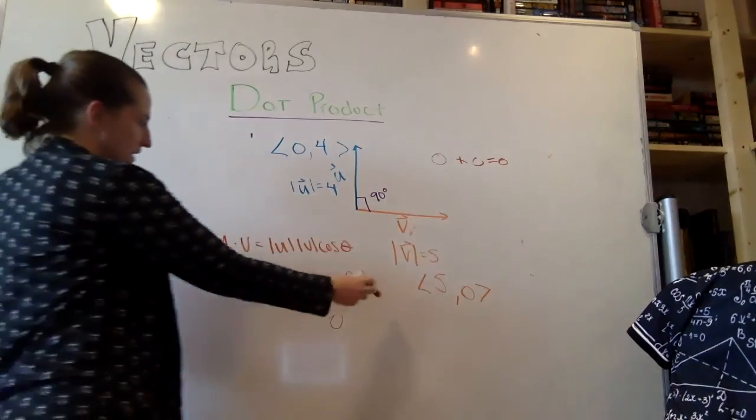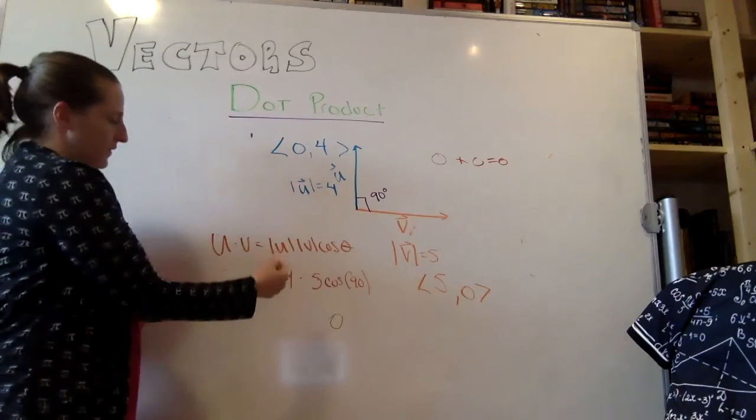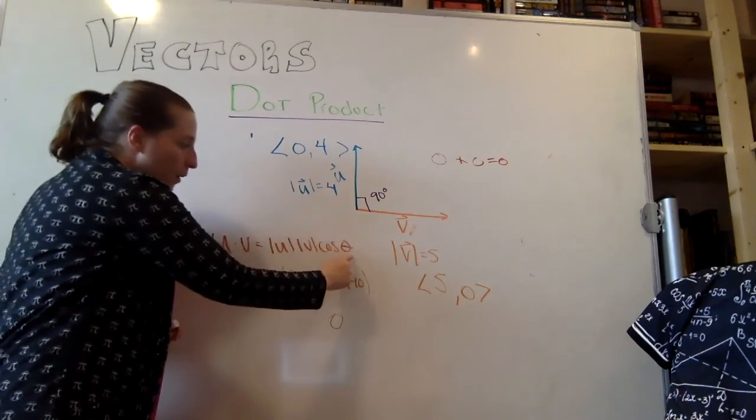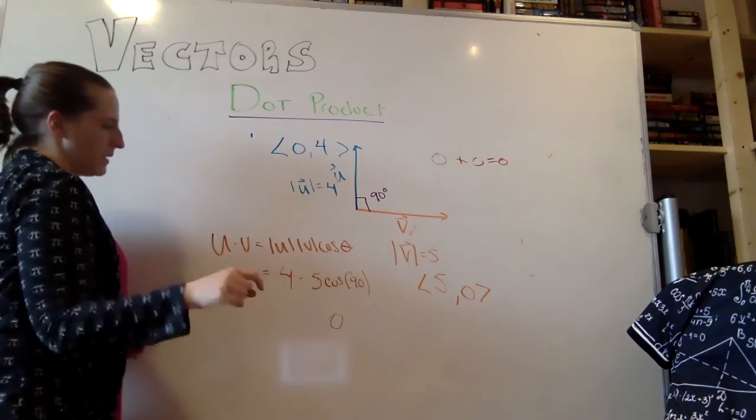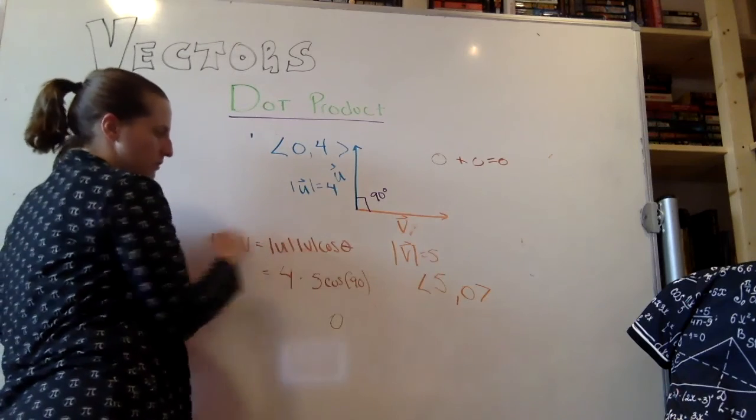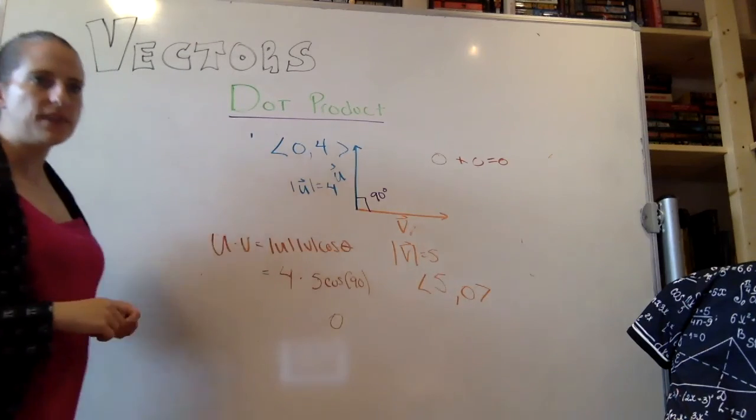The other interpretation says if you know the magnitude of both vectors and the angle between them, then the dot product can be thought of as the magnitudes of the vectors multiplied together times the cosine of the angle between them.